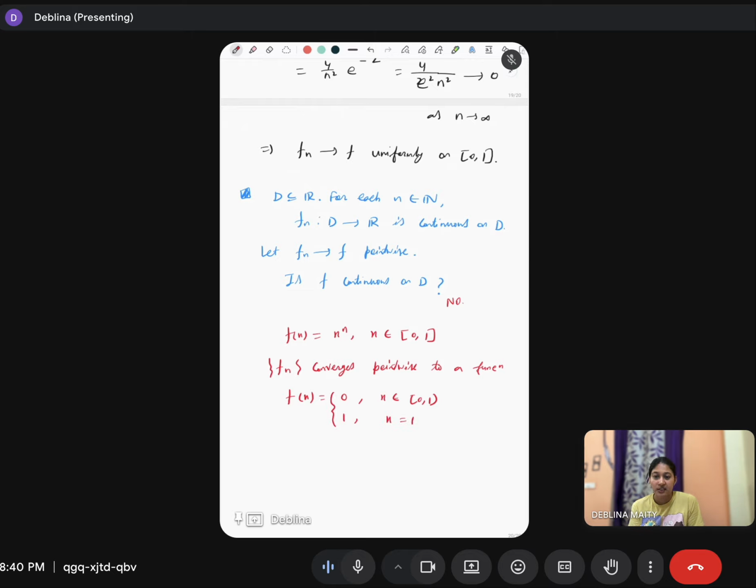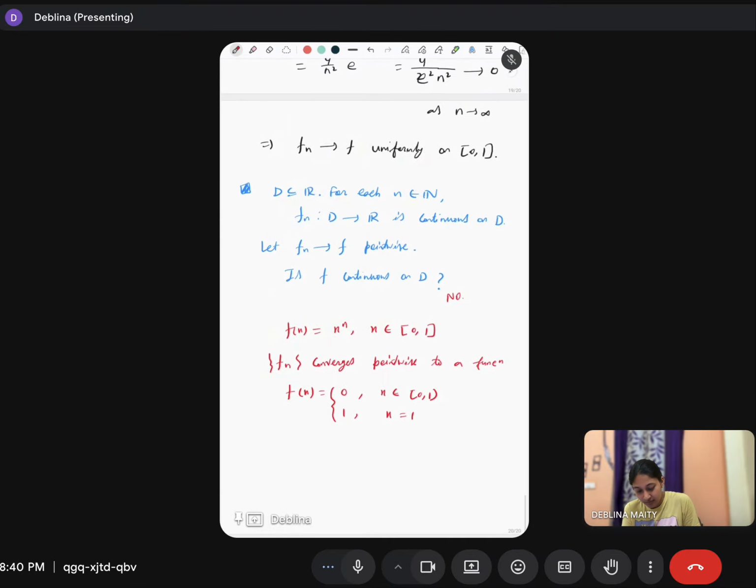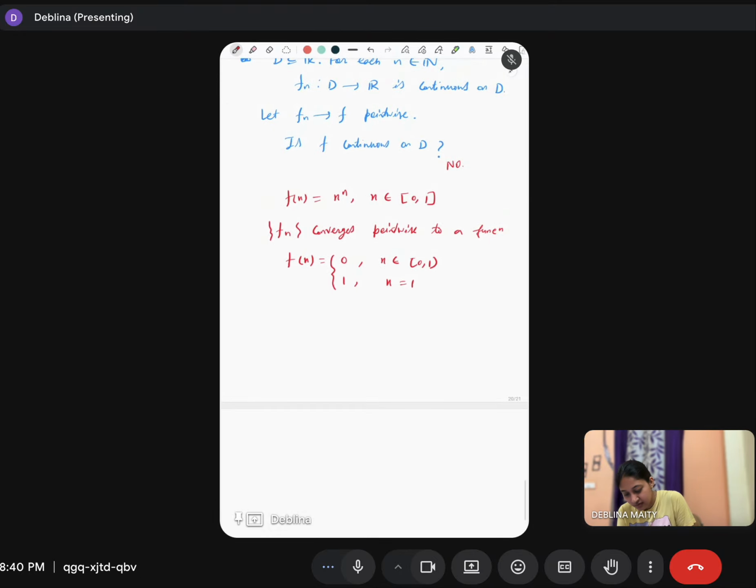Right? So this function is not continuous. It has a discontinuity at the point x equals 1, where f is not continuous, right? So pointwise convergence does not imply the continuity of the limit function even when all the f_n are continuous.